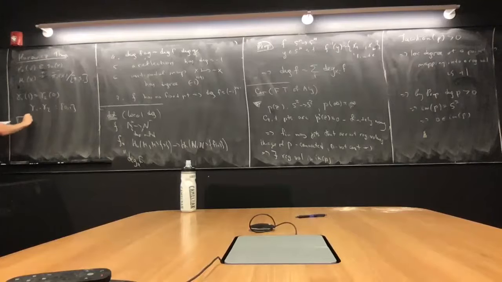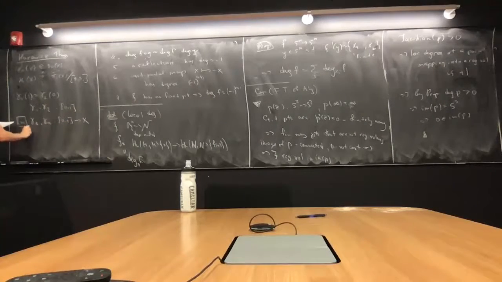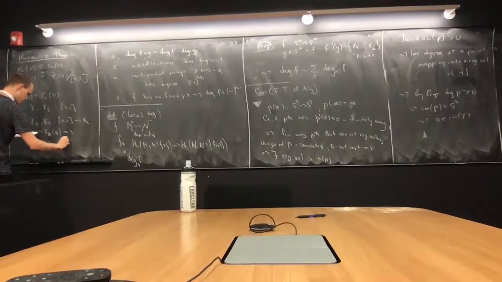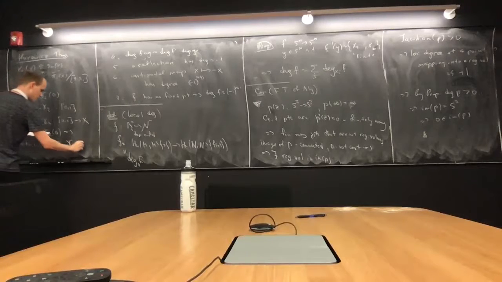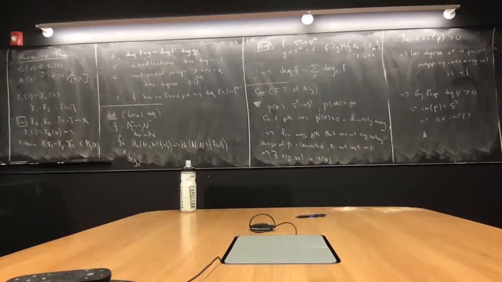So first lemma, if you have two paths in X and gamma 1 of 1 equals gamma 2 of 0, then the 1-chain gamma 1 gamma 2 minus gamma 1 minus gamma 2 is actually a boundary. It's a boundary.